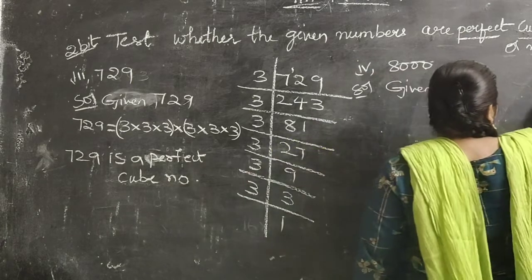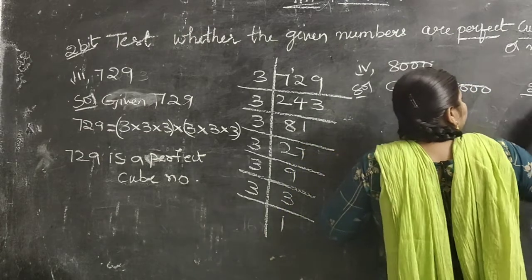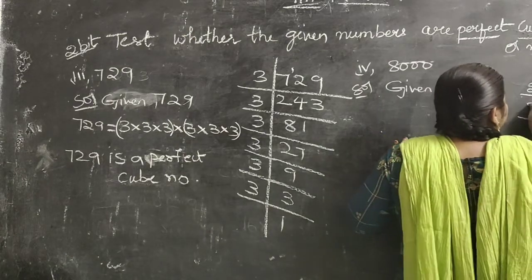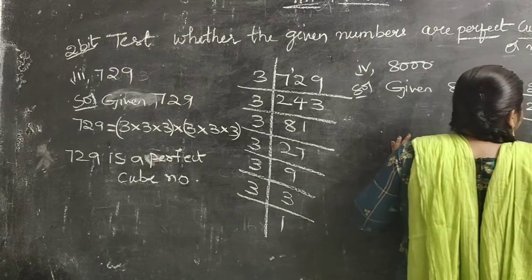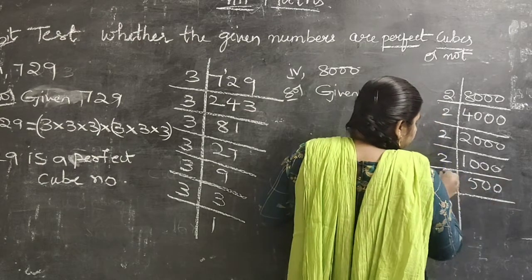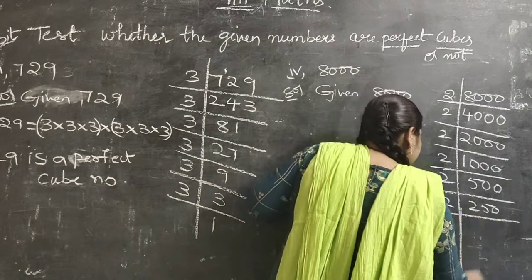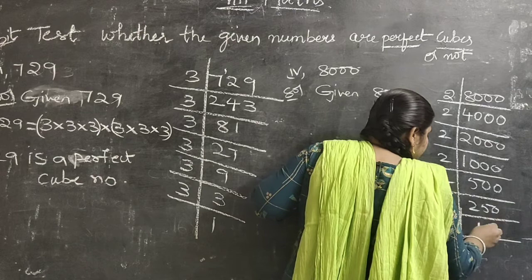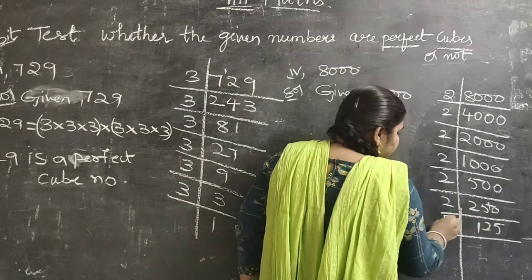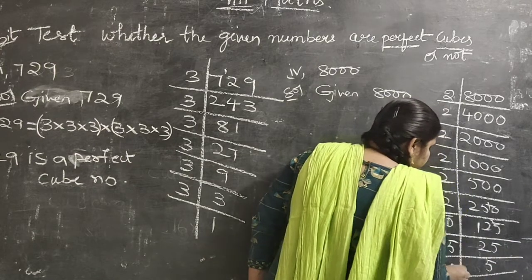So by using prime factorization, with 2 table I am checking. 2 4s are 8, 2 4000s are 8000. 2 2000s are 4000, 2 1000s are 2000, 2 500s are 1000, 2 250s are 500, 2 125s are 250. Then in 5 table: 5 2s are 10, 5 5s are 25, 5 5s are 25, 5 1s are 5.